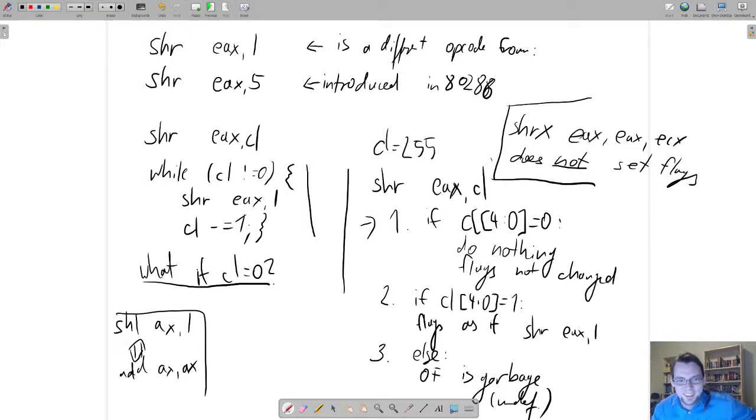Turns out, if you do this instruction here, shift right EAX by CL, this internally turns into 3 micro operations on Intel CPUs now. 3 operations. One of which is the actual shift, which is basically the same as the SHRX. And 2 micro operations are dedicated to this mess of figuring out what to do with the flags.